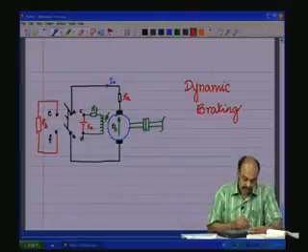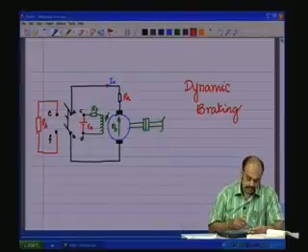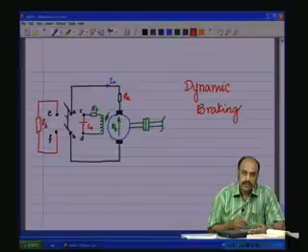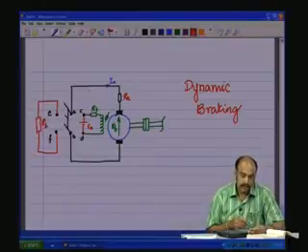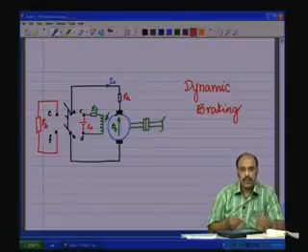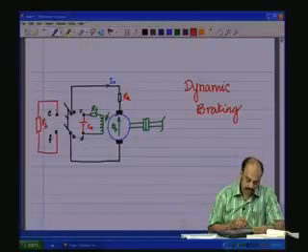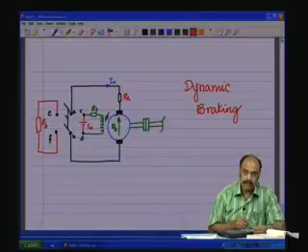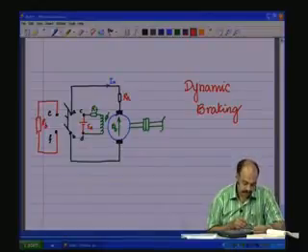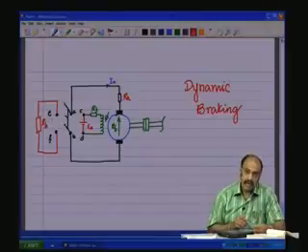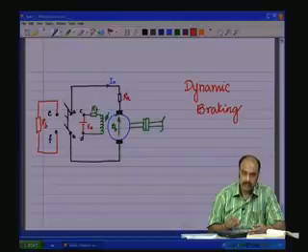The value of RB here is chosen equal to, probably, the rated current, or sometimes even twice the rated current, depending upon how quick you want the braking effect to be. If it is twice the rated, if RB is chosen as EB by 2IA, then it can handle twice the rated current for that same EB which is produced for that particular speed.